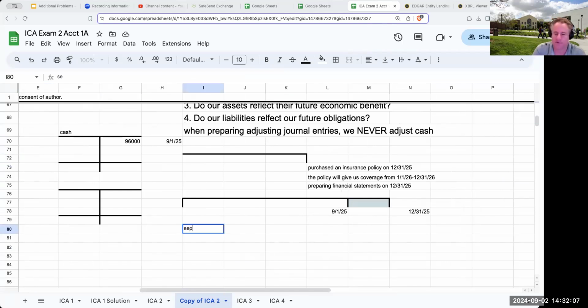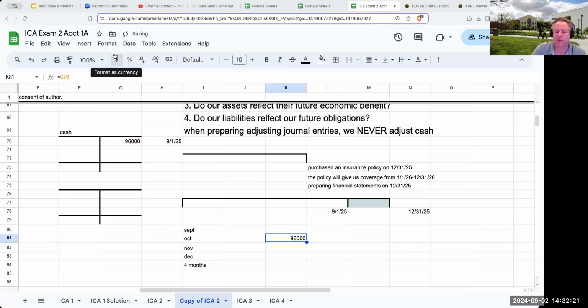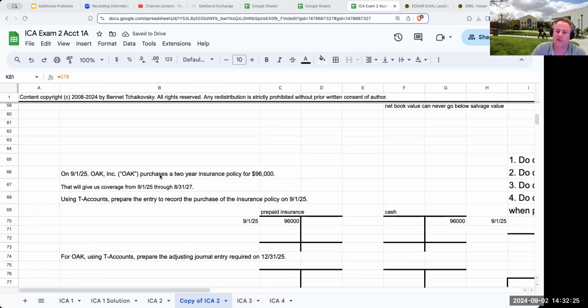Well, I used it for September, October, November, and December, so a total of 4 months. It's a $96,000 policy, but this policy is unique. It's giving us 2 years of coverage.